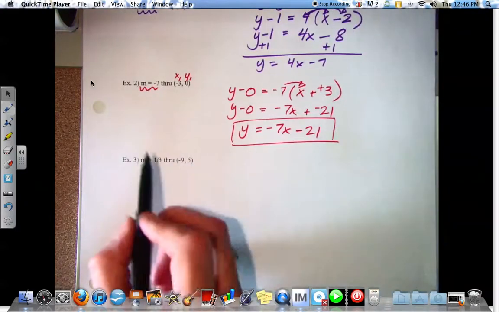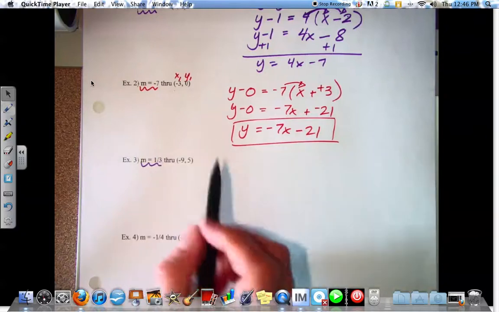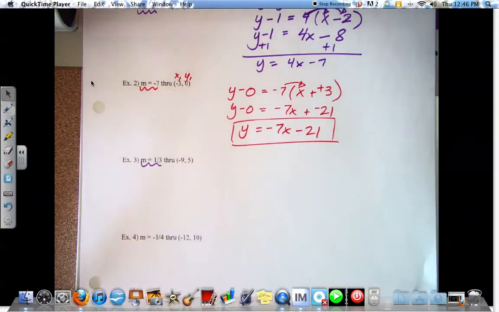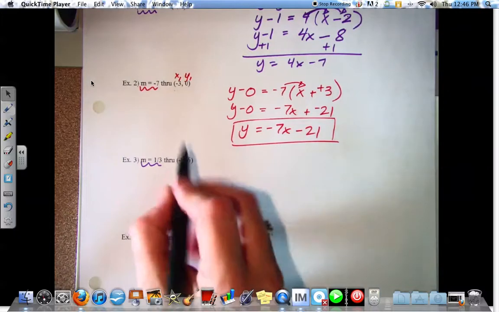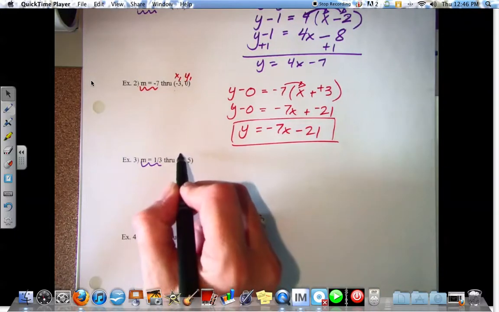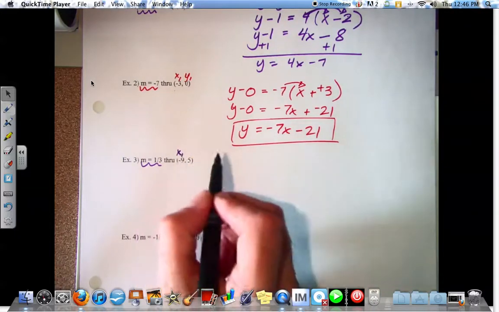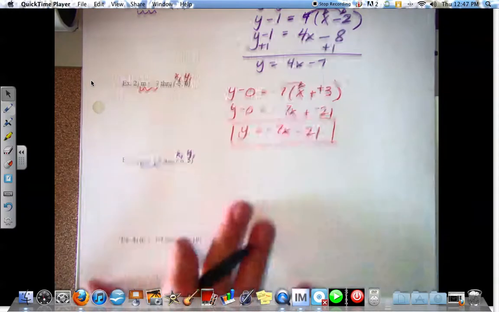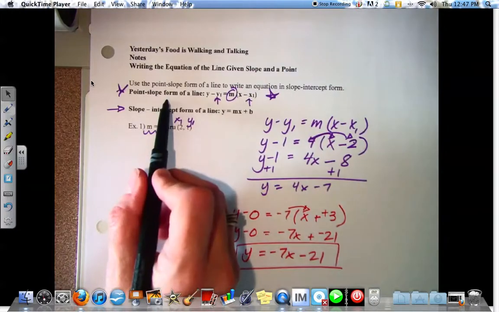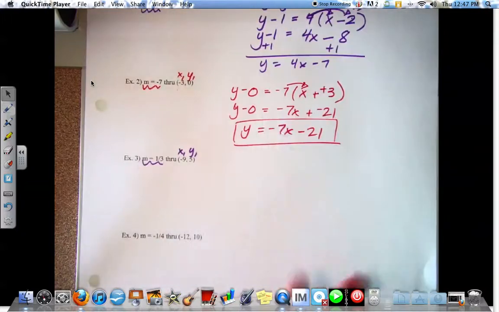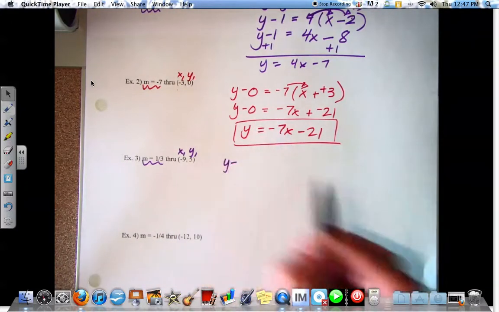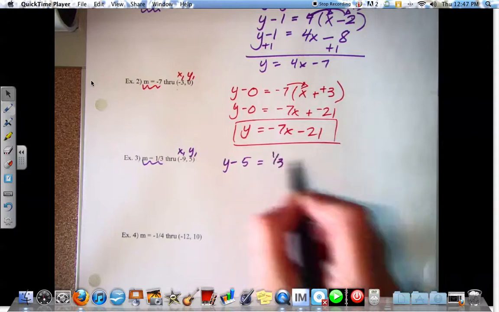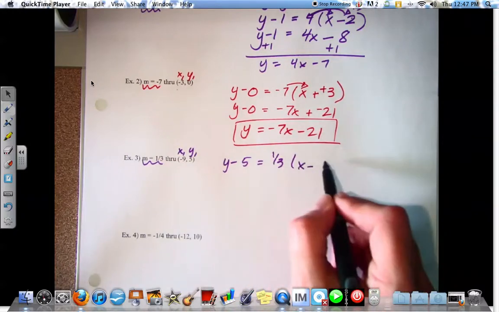Example 3. Our slope is 1/3, and it's going through the point negative 9 and 5. So negative 9 is our what value? X. And our 5 is our y1. So using the point-slope form of a line, we're going to fill in what we know. Y minus 5 equals 1/3 times x minus negative 9.